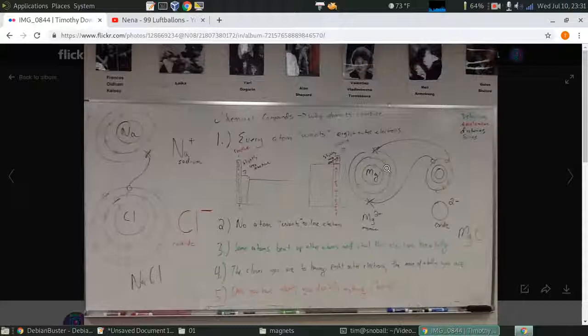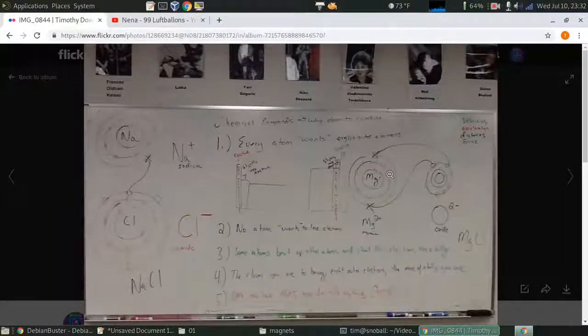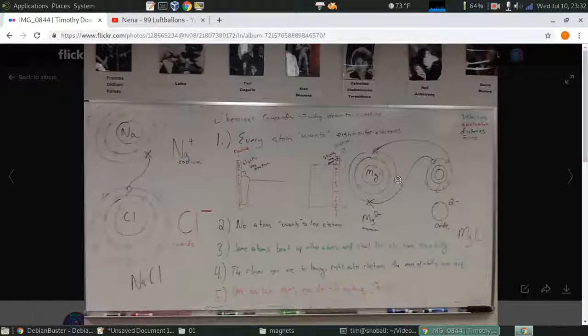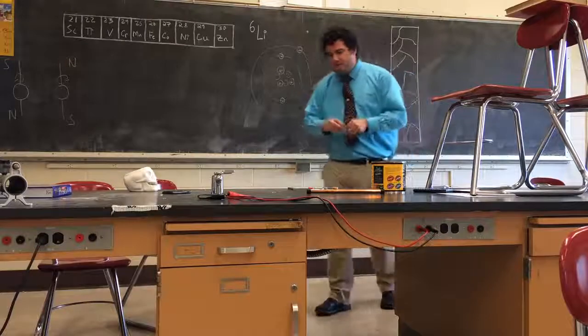And you may remember that we claim that the second ring can hold 8. How does that jibe with the fact that we're saying there's 2 electron spins and each orbital can have 1 of each? It turns out that this is a pretty big oversimplification. We kind of lied to you a little bit there.